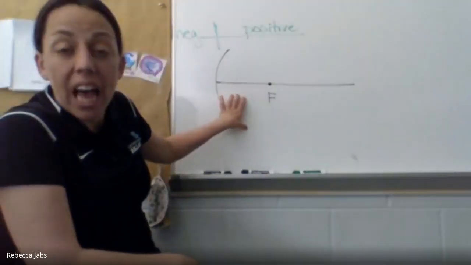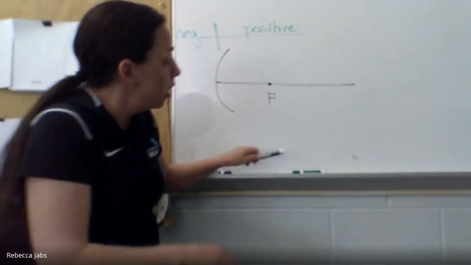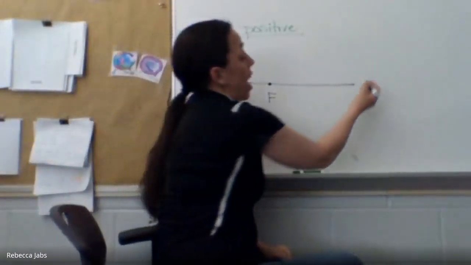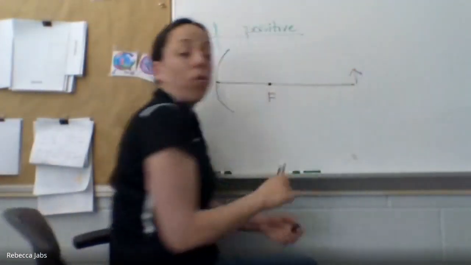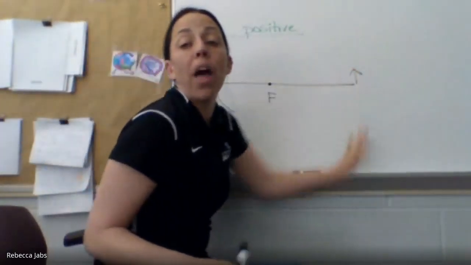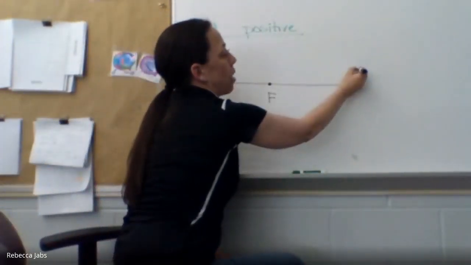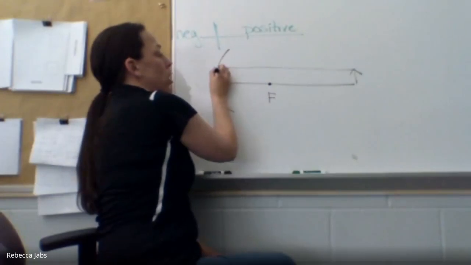If you think about it, we've done ray diagrams before with the F right here. And a lot of times we've done the ray diagram where the arrow's all the way over here. Remember, that would be far away. Well, if we did that, let me just do a quick sketch.